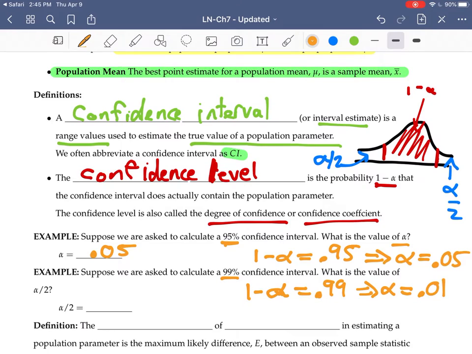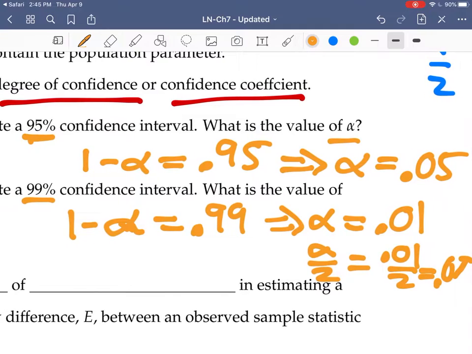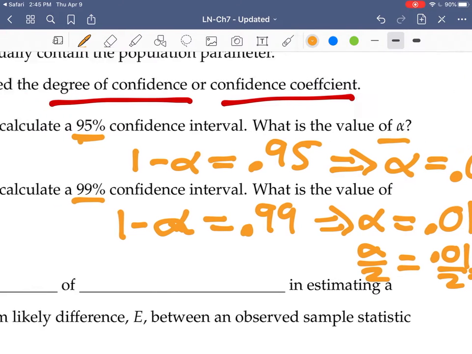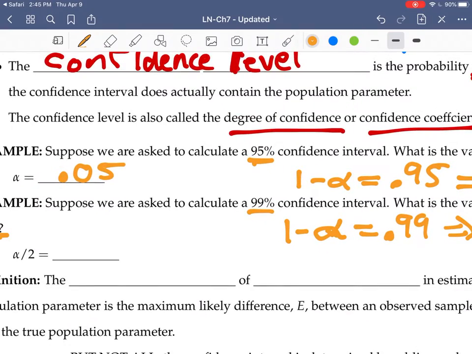Now I did get a little bit ahead of myself on this one, because this problem doesn't ask what the value of alpha is. Instead it asks what the value of alpha over 2 is. So we found alpha. To get alpha over 2, we just divide both sides by 2.